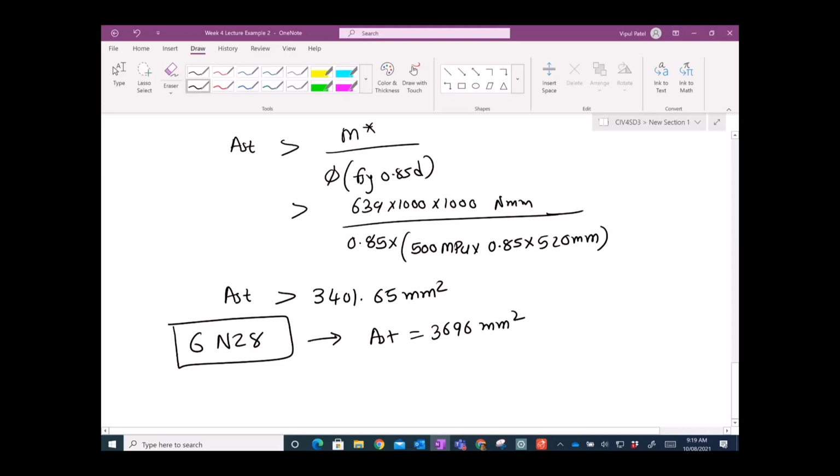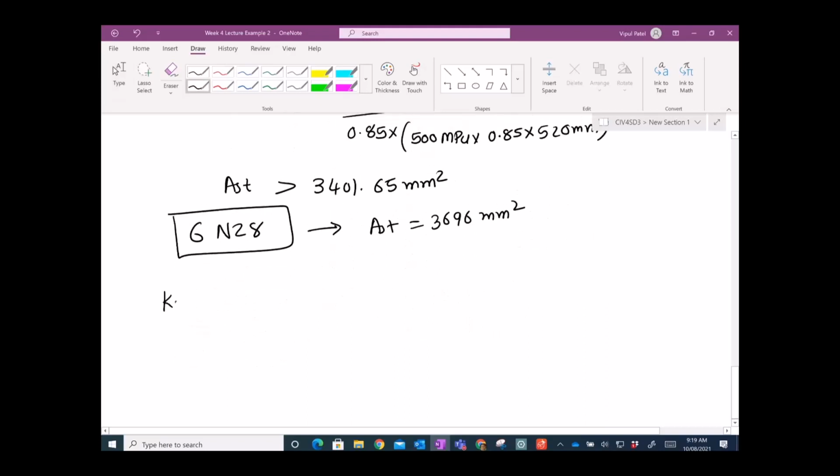Now I want to check whether Ku is going to work out or not. We need to make sure that Ku is less than 0.36, right? That check is very necessary and very important. Why? Because if Ku is greater than 0.36, then you have a brittle failure.